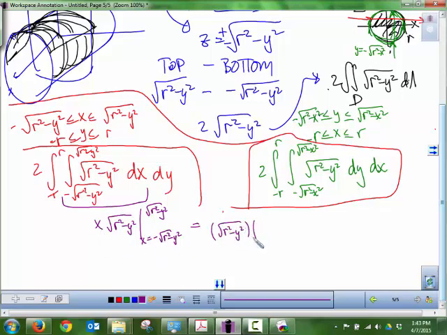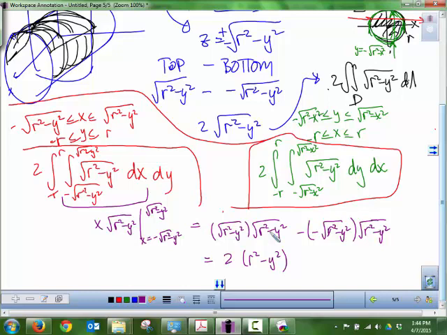So the square roots would go away. Minus, and then I have a negative for x, which is just going to double this whole situation. So this will just be 2 times r squared minus y squared without the square root now.